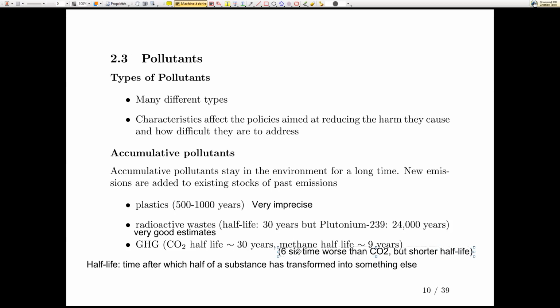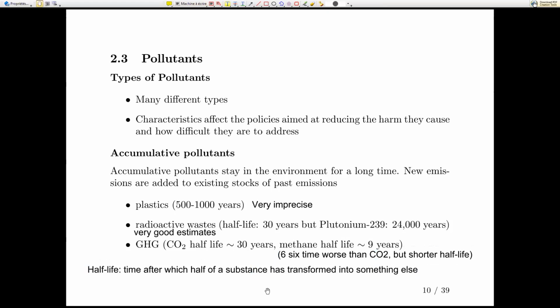So I think we should both try to mitigate it, of course. But you see that after 9 years, it's already half has been reabsorbed or transferred into something else. So it doesn't stay as long in the atmosphere. All right.